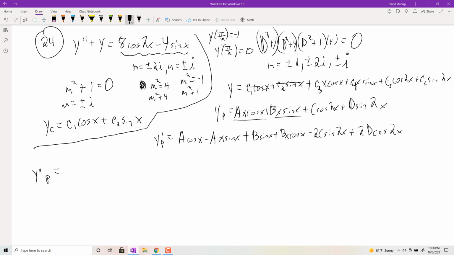The second derivative of the particular solution. So the first guy, negative a sine x, and then this guy I need 2.